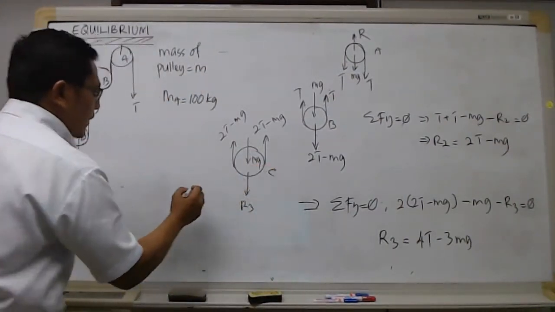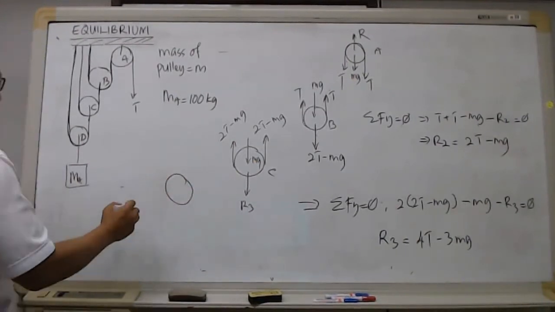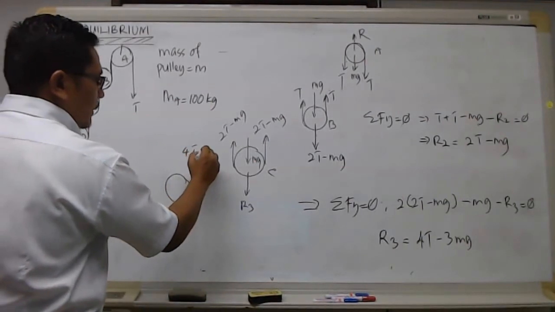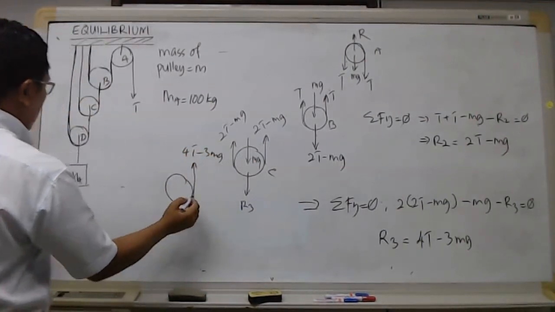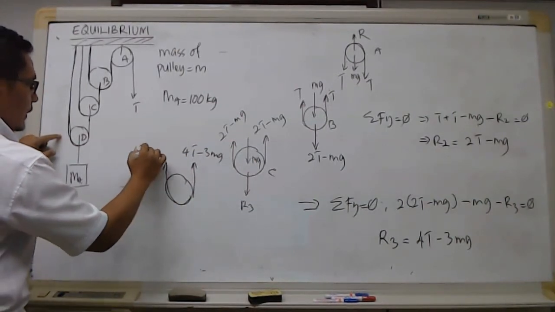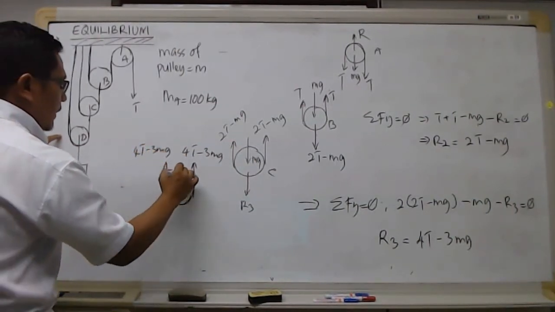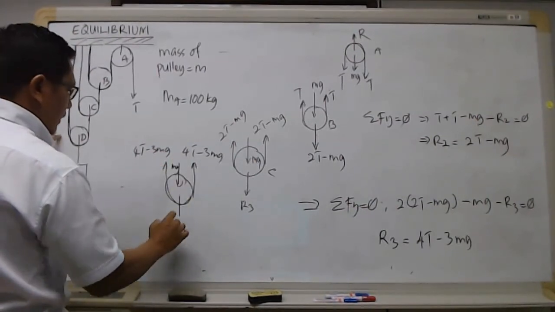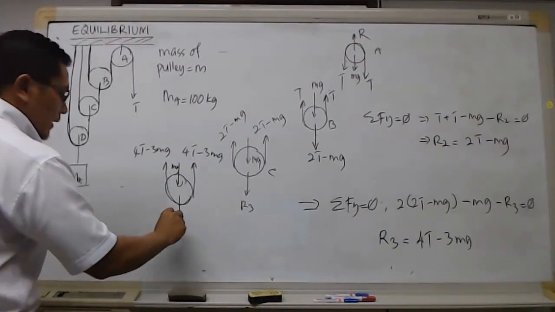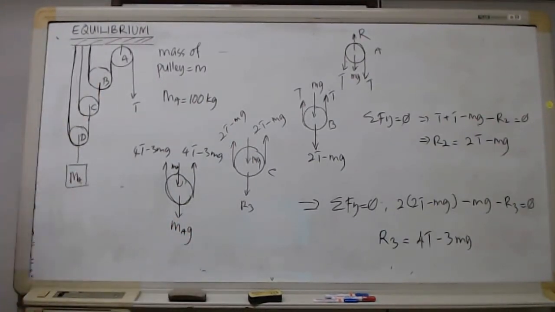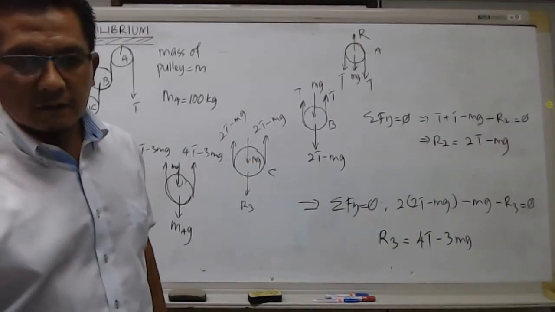Now we go to pulley D. This is C. Go to pulley D. Then here is the 4T minus 3mg. Same cable goes here, 4T minus 3mg. You have the mass itself, mg. And also now we have here the M_A g, the mass of the block.